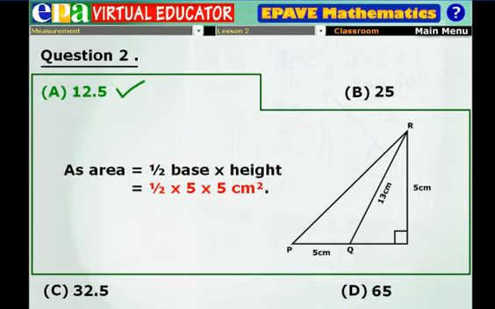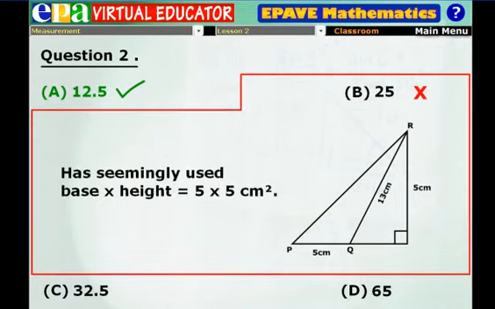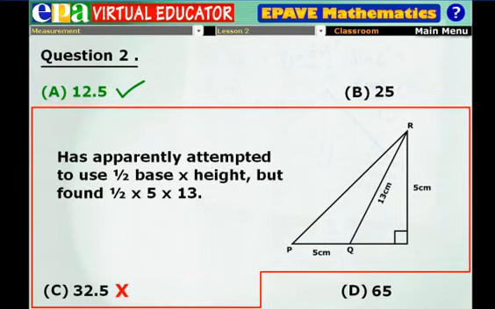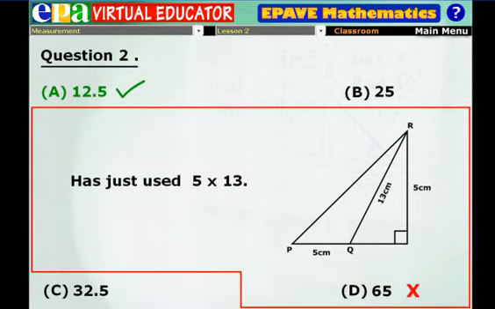Answer B has seemingly used base times height equals 5 times 5 centimeters squared. Answer C has apparently attempted to use half base times height, but found half times 5 times 13. Answer D has just used 5 times 13.